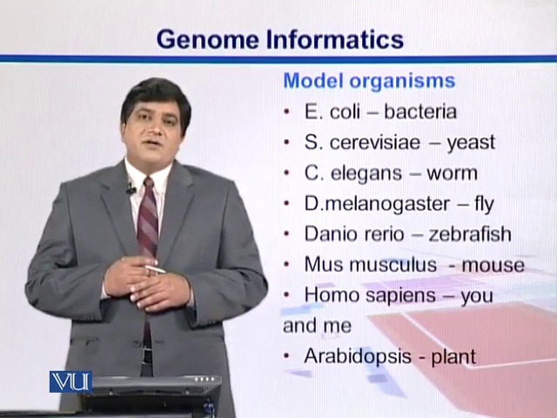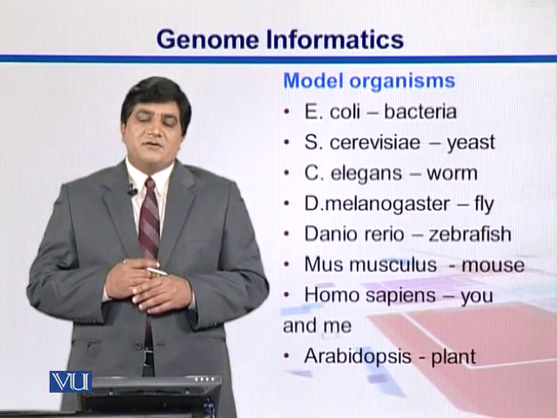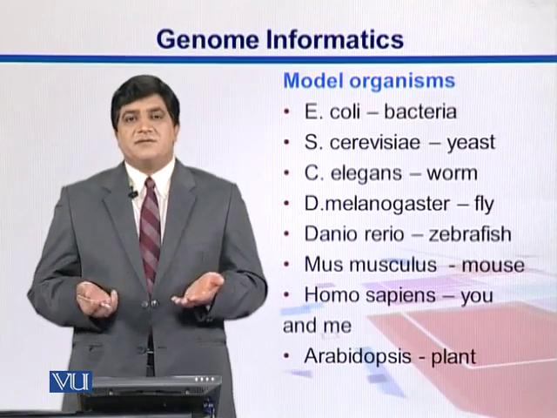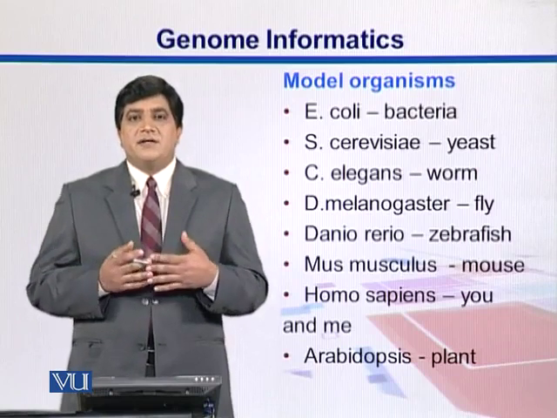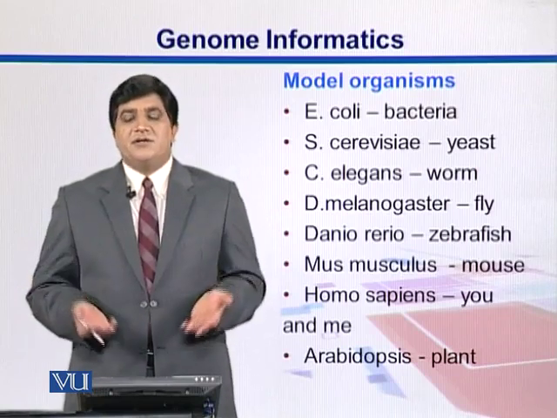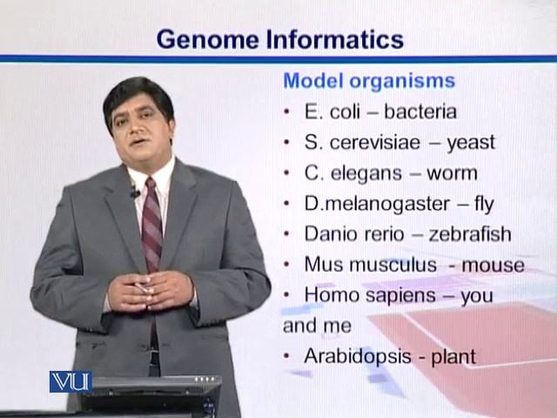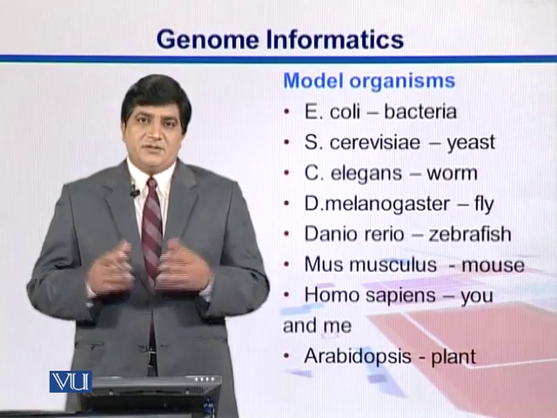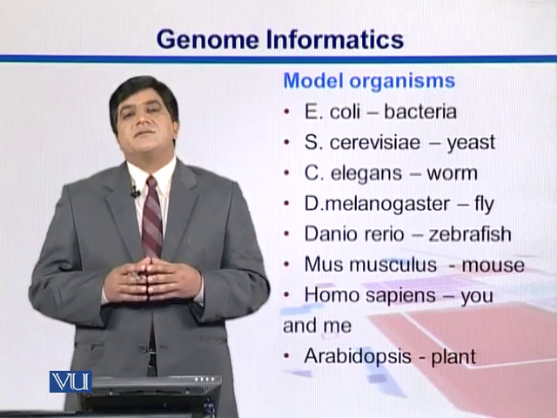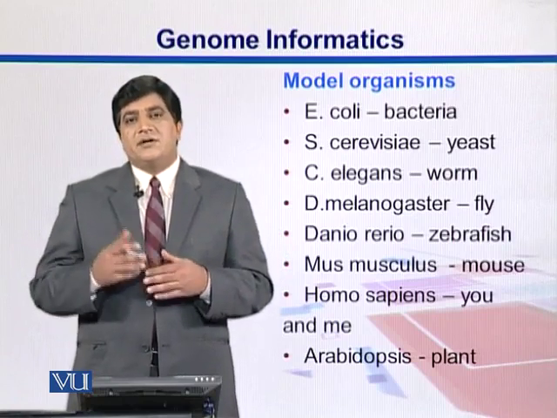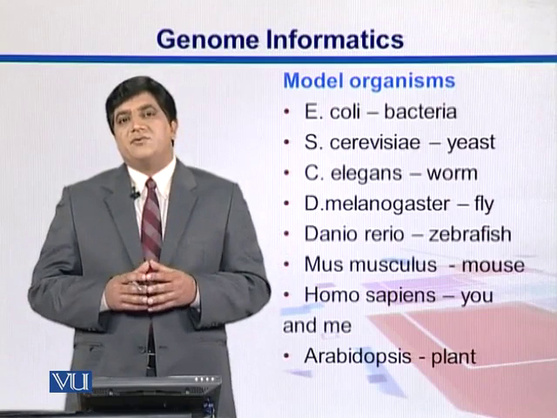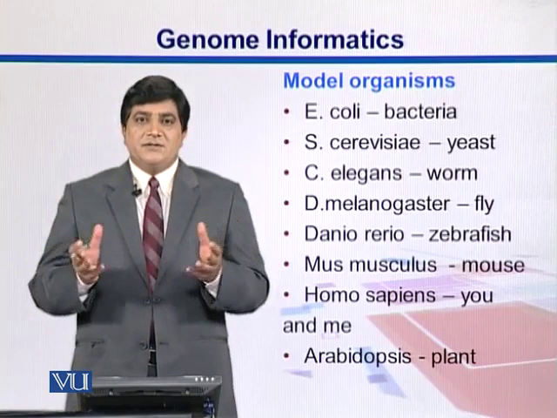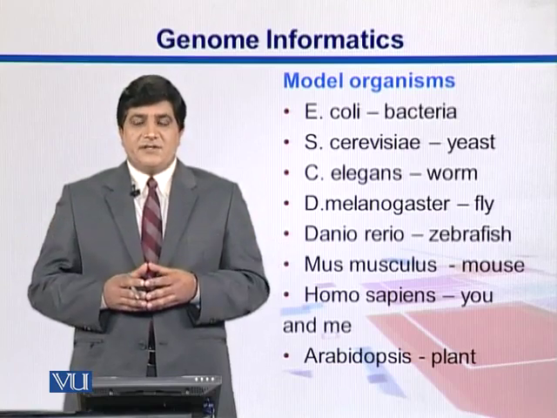Most of the time while we are doing those genome sequencing projects, our objective is obviously our health. We are looking for corrections of some diseases. We are improving some crop varieties for having more food. We are maybe looking into different drugs against different organisms. So it's a good idea to have model organisms that can help us study these processes in labs.